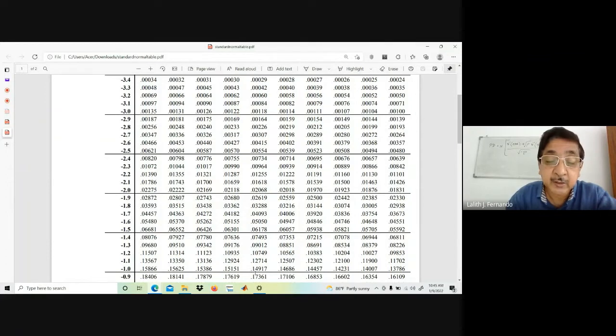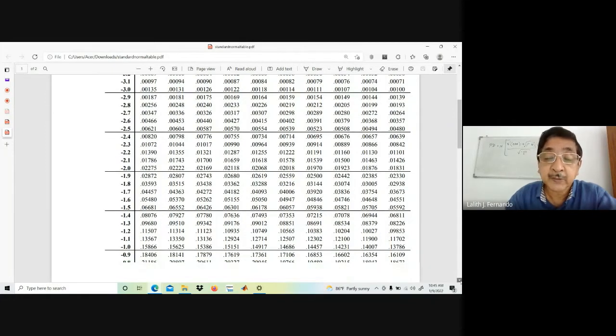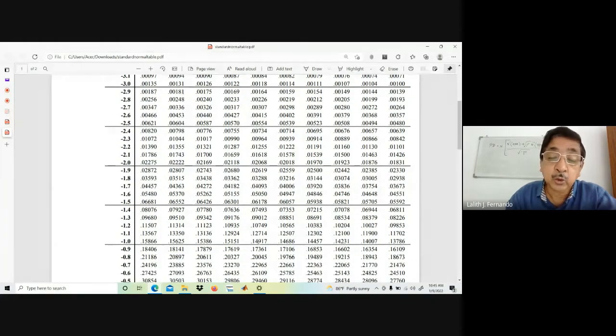Now, just look at it. You have 0.15151, and at the same time you have 0.14917. But this is a little lower than what you want to see. You want to see 0.15, no? But this is not 0.15. This is 0.14917. This is 0.15151.